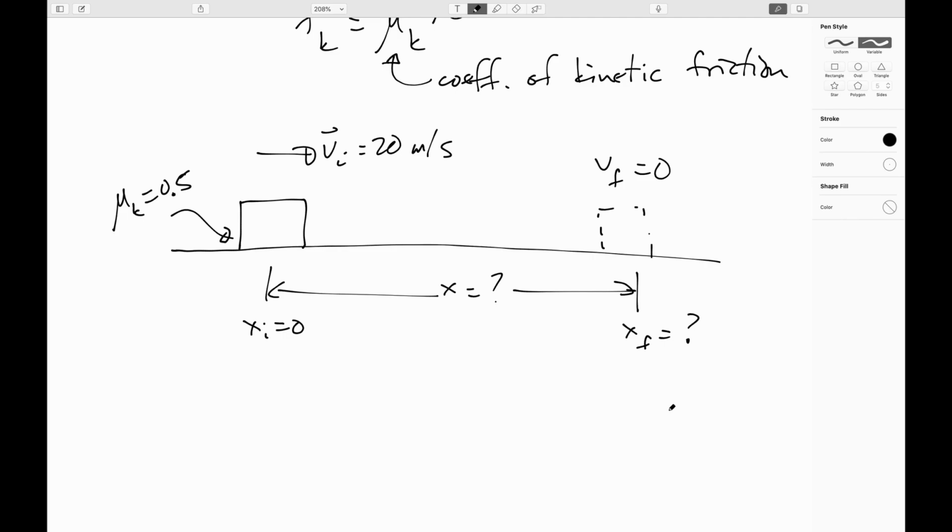You look at this and you think, well, in the problem they gave you the coefficient of kinetic friction. That sounds a lot like forces, so I'm going to guess that we use Newton's second law to solve for the acceleration. Then, once we use that to get us the acceleration, we'll be able to use the missing t kinematics equation to get ourselves the distance traveled.